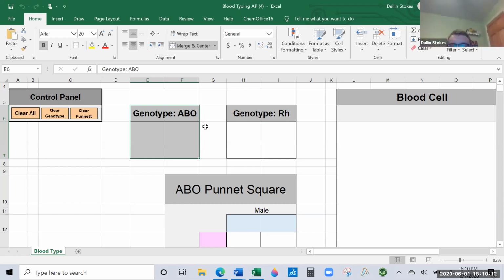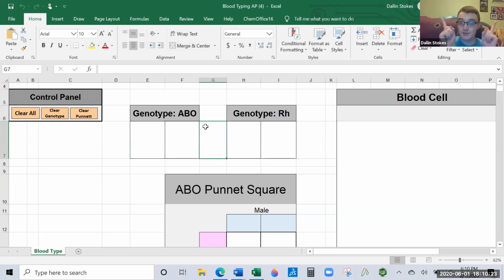So what we're trying to do here, going over a table, is determine what flags we're posting on the outside of the cell. And this gene, the ABO gene, codes for proteins that make the flags that they poke on the outside.